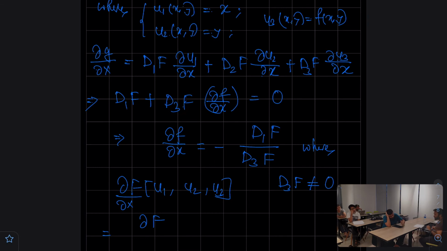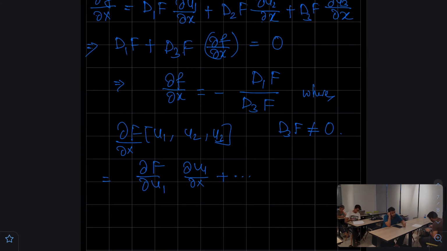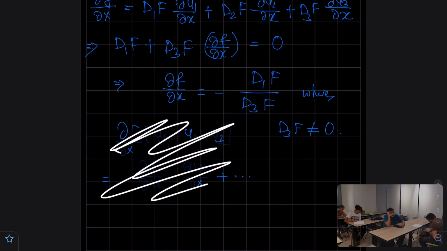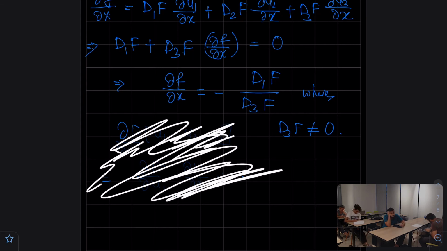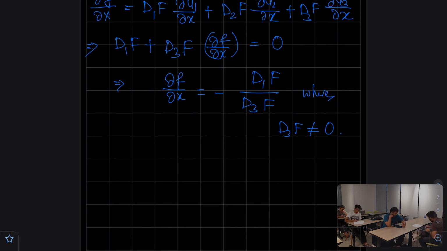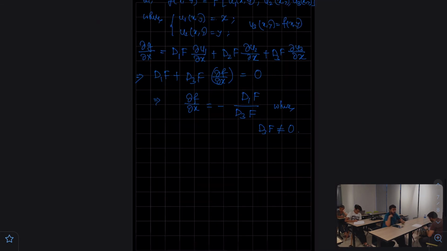The function changes if the argument changes. That's what we're doing. Very good.